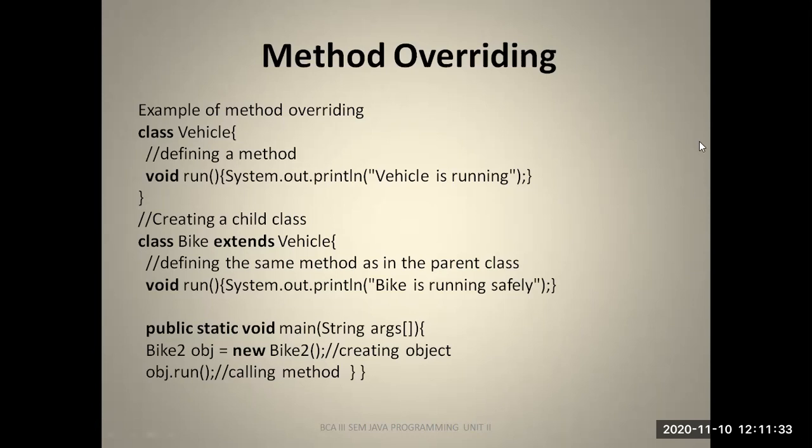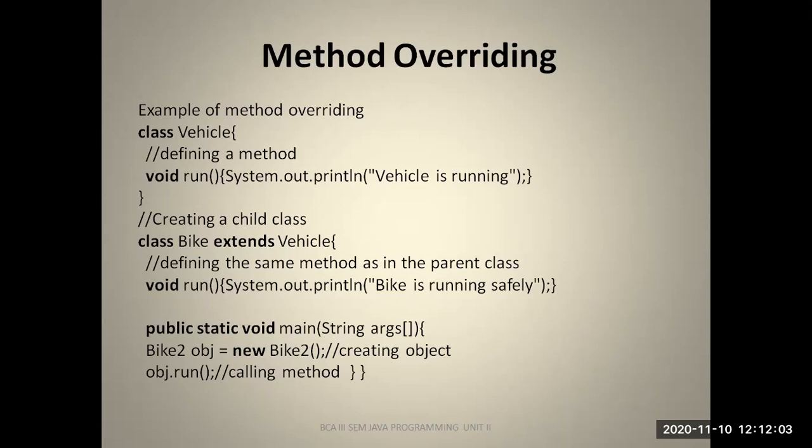Now the child class. What should the child class be? Vehicle can be a bike, car, any kind of thing. Here, for example, we took Bike as a subclass of the Vehicle superclass. Under this subclass, we have a run method which contains a different definition: "Bike is running safely." You can provide other definitions also, but for this sample I am displaying this one.